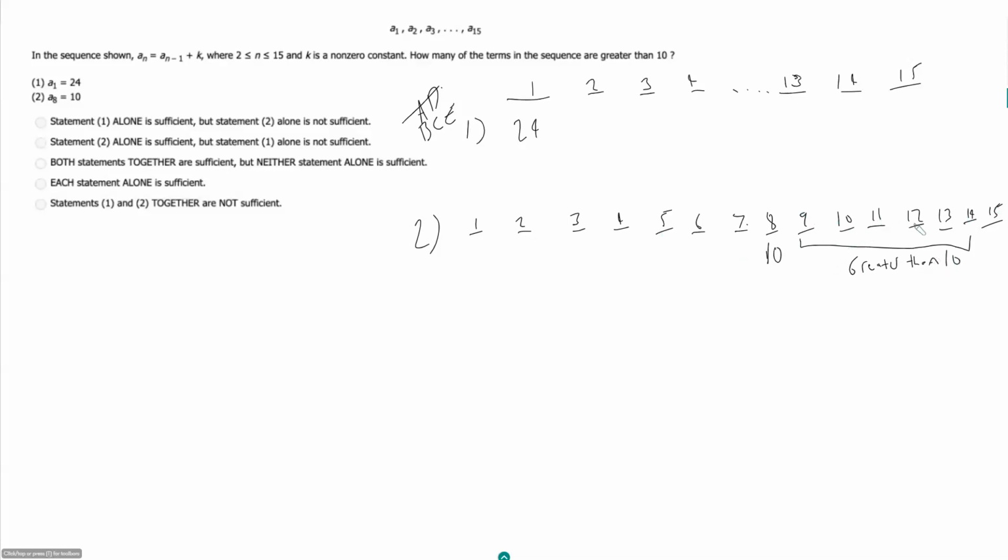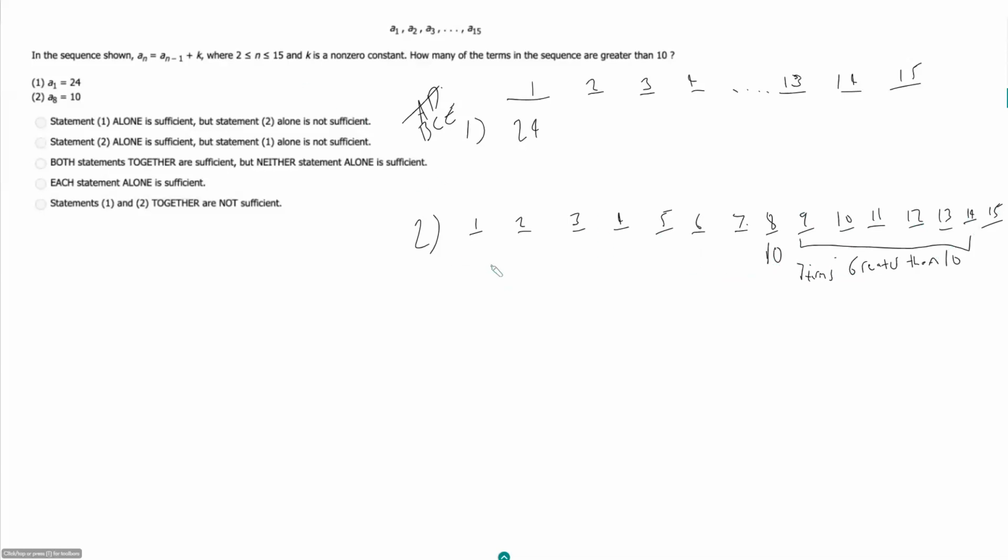That is 1, 2, 3, 4, 5, 6, 7 terms greater than 10.